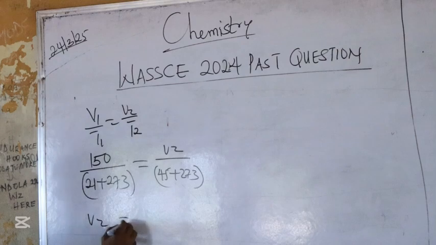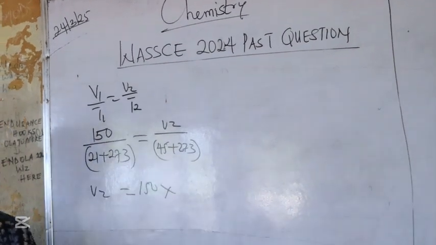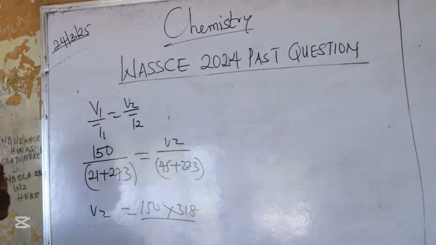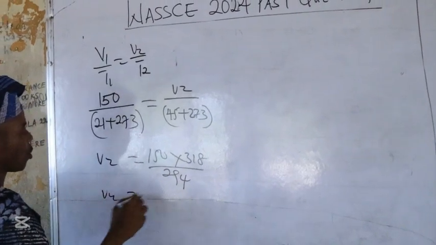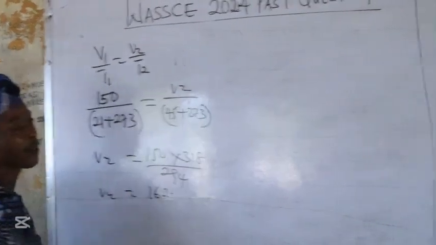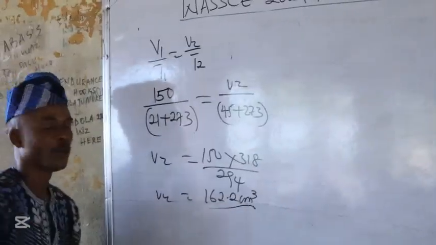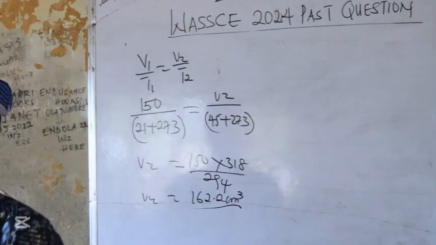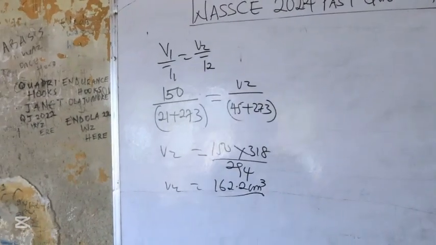Then V2 equals 150 times 318, what is 45 plus 273? 318, divided by 21 plus 273, 294. Then V2 is equal to 162.2 centimeter cube. Please don't forget to put the unit. If there is no unit there, you are not going to be given a mark for the evaluation.